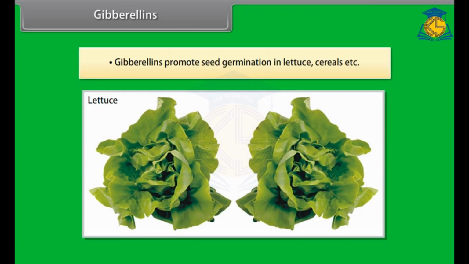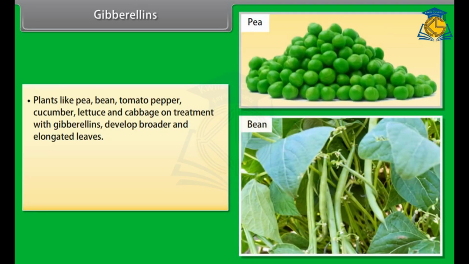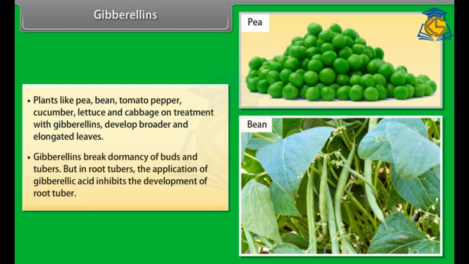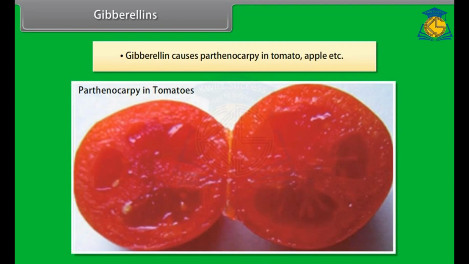Gibberellins promote seed germination in lettuce, cereals, etc. Plants like pea, bean, tomato, pepper, cucumber, lettuce and cabbage, on treatment with gibberellins, develop broader and elongated leaves. Gibberellins break dormancy of buds and tubers, but in root tubers, the application of gibberellic acid inhibits the development of the root tuber. Gibberellin causes parthenocarpy in tomato, apple, etc.